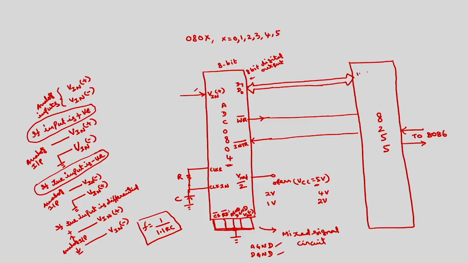This is D7 to D0 of 8255. So earlier you have discussed that there is an 8-bit data bus there also. I will connect this to one of the ports of 8255. I will use port A. I will connect this to port A of 8255 whose address is FCH.